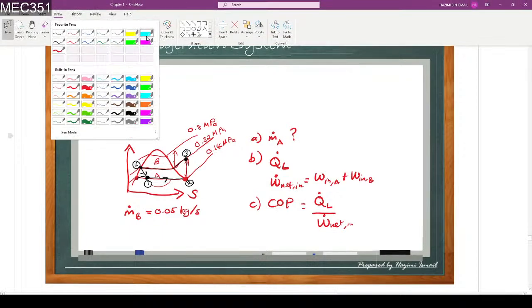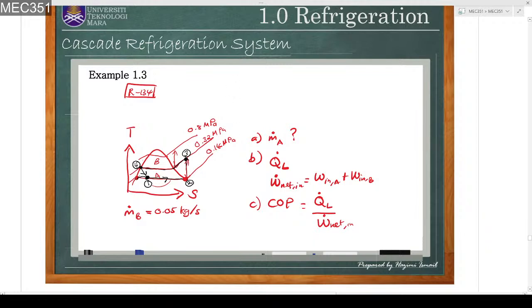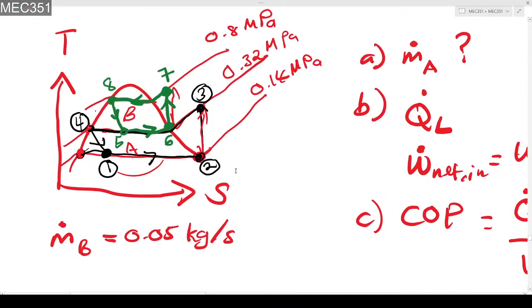Another cycle for the system B. We also have another compressor here, and then it passes through the condenser at B and goes through the throttling valve of B and the evaporator of B. So for A we have 1, 2, 3, 4, and now we can name this one 5, this one 6, this one 7, this one 8.